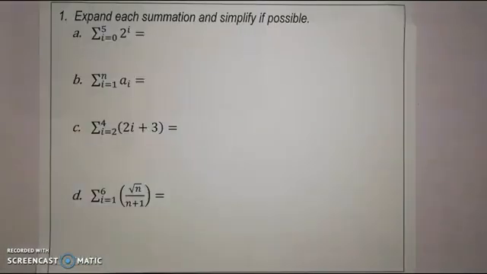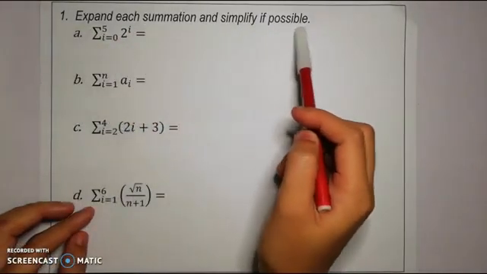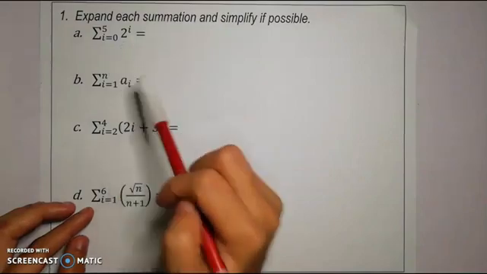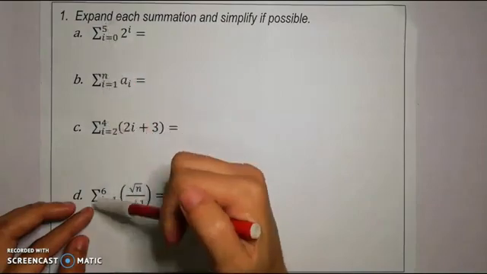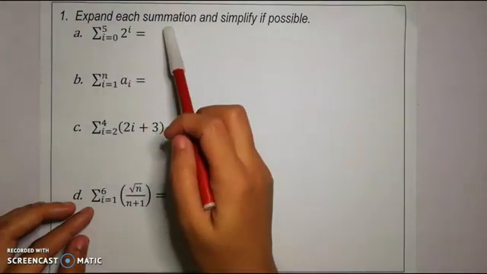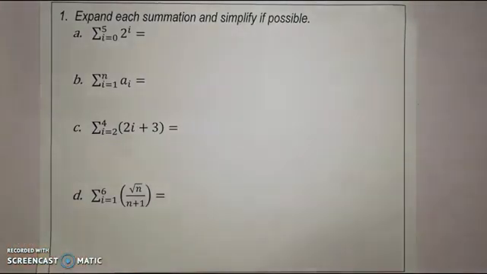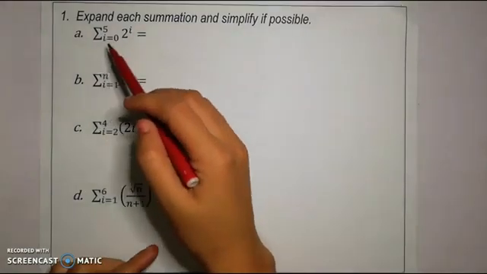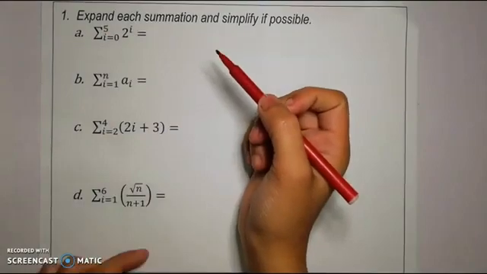For the first set of examples, we need to expand each equation and simplify if possible. So these are the functions that we will expand according to the lower and upper limits. So we will now expand and get the sum. We have the summation of 2 raised to i from i equals 0 to 5.